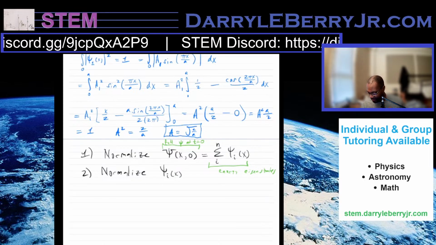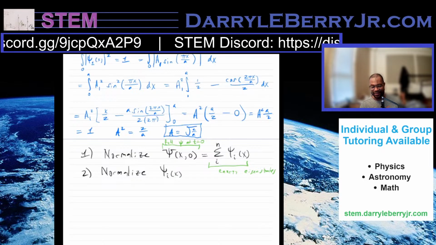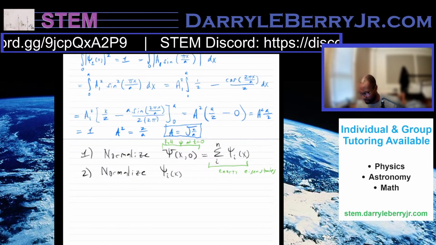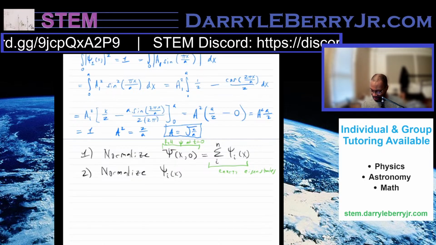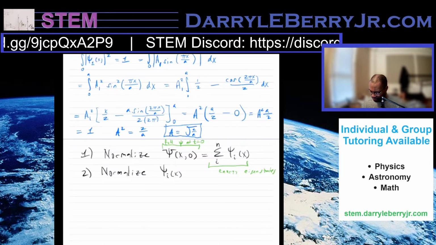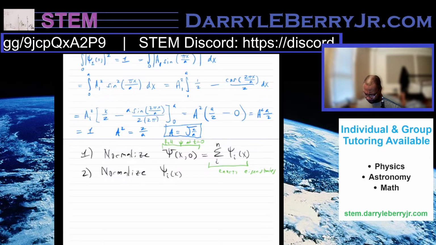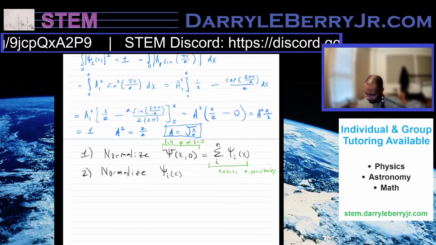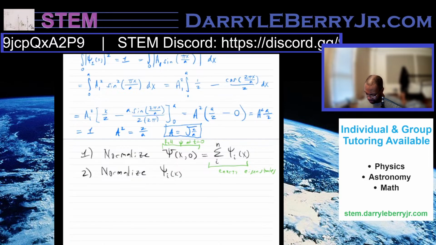I'm not so concerned about it that I'll go through that whole calculation. But now that I've normalized one of the sub-equations, I just have to normalize the other one. But what will that do differently? Will it actually change it a bit?